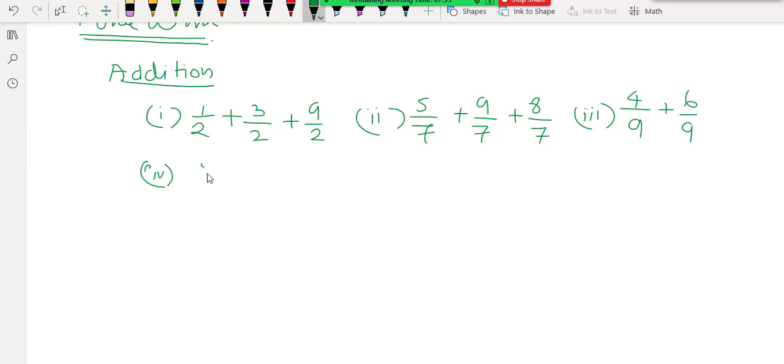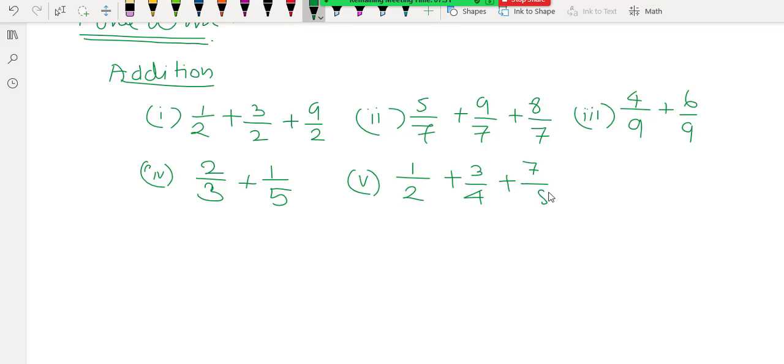Unlike fractions also I'm giving. Number 5, 1 by 2 plus 3 by 4 plus 7 by 8.